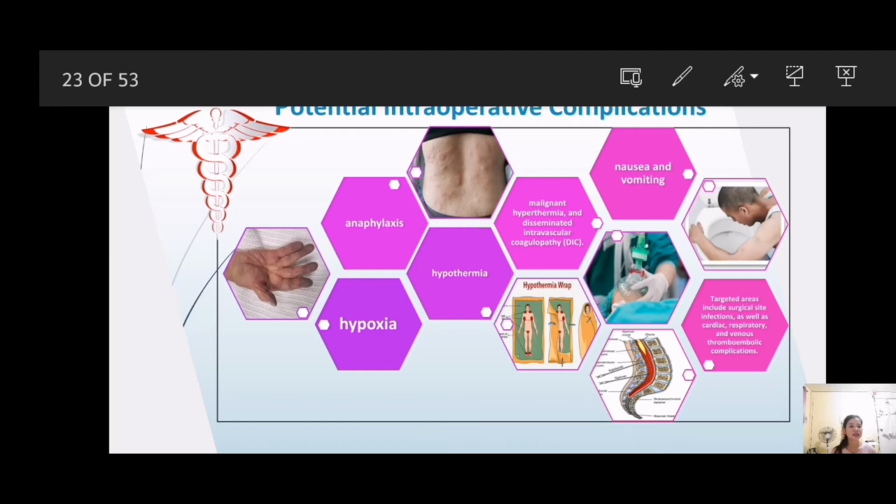Next is anaphylaxis. Anaphylaxis is a severe, potentially life-threatening allergic reaction, and it can occur within seconds or minutes of exposure to something you're allergic to, such as peanut or a bee sting.